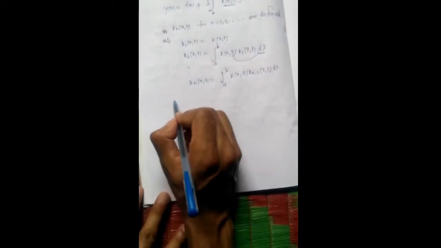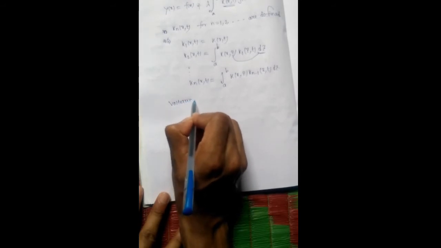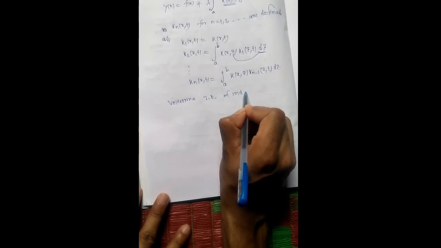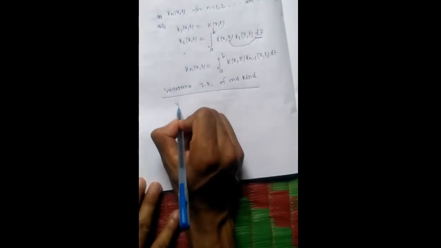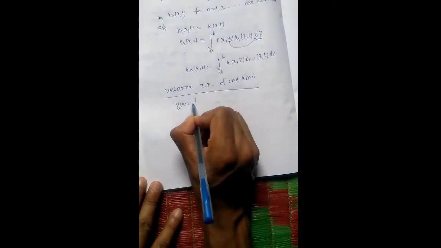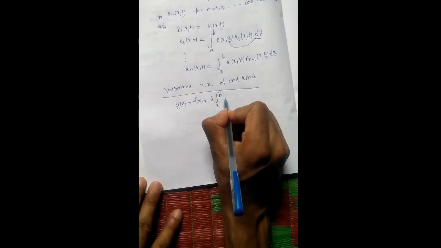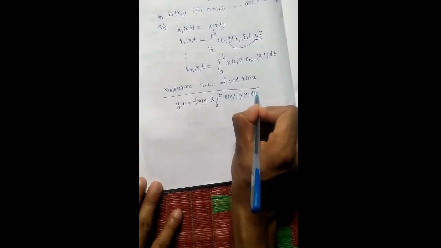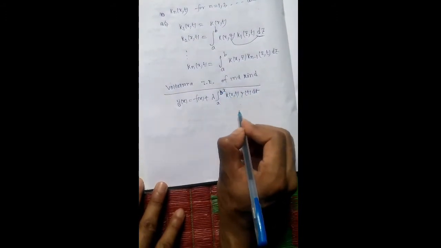Now consider Volterra integral equation of second kind, that is y(x) equal to f(x) plus lambda integration over a to b K(x,t) y(t) dt. Okay, so sorry, a to x.